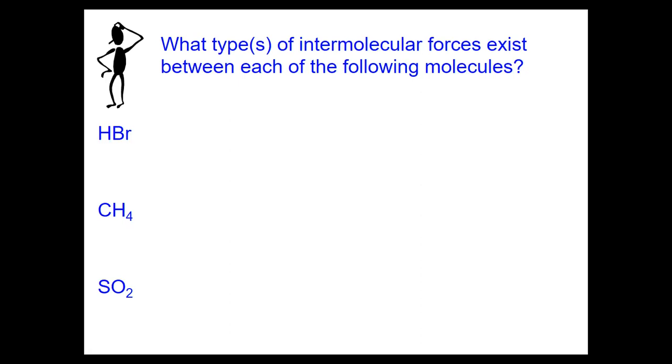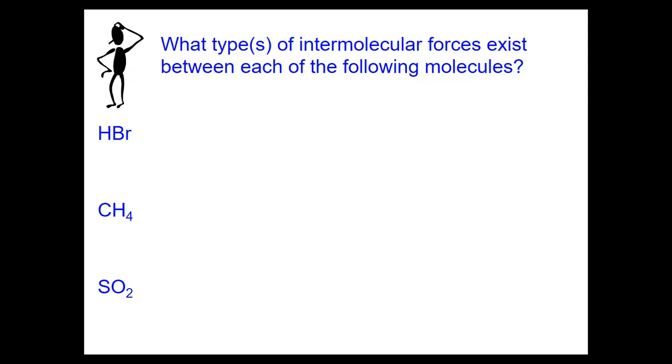Okay, so what I want you to do now is to figure out what kind of intermolecular forces we've been talking about, the London dispersion force, the dipole-dipole force, or the ion-dipole force, exists between the following molecules. To do this, you need to determine if these molecules are polar or not. If they are nonpolar, then all you have is the London dispersion force.